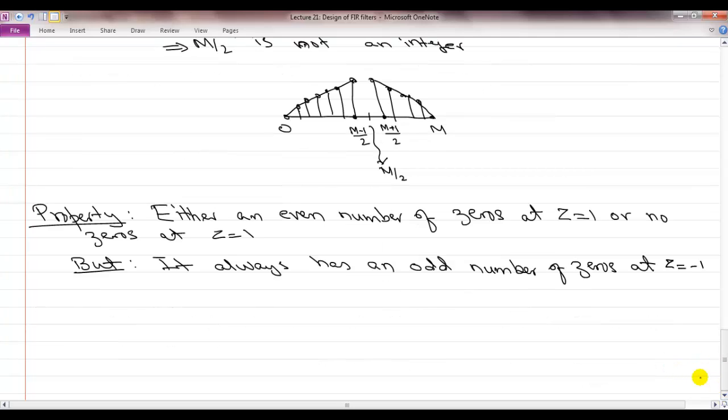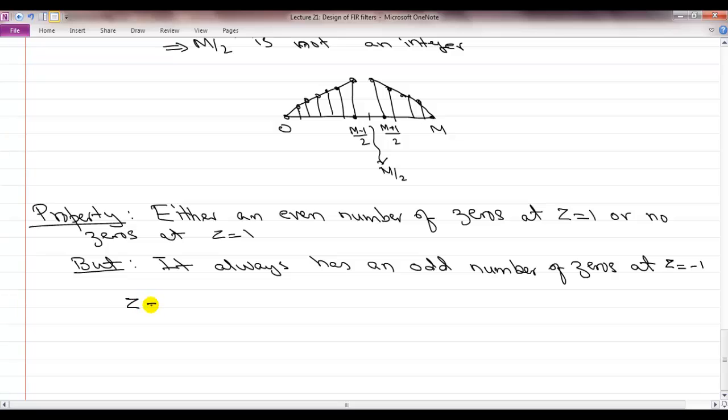Which means that if I tell you I have a type 2 FIR filter, then without any thinking, you can put a 0 at z equal to minus 1. And since z equal to minus 1 corresponds to the frequency of pi, it's not a good filter for high pass filtering.